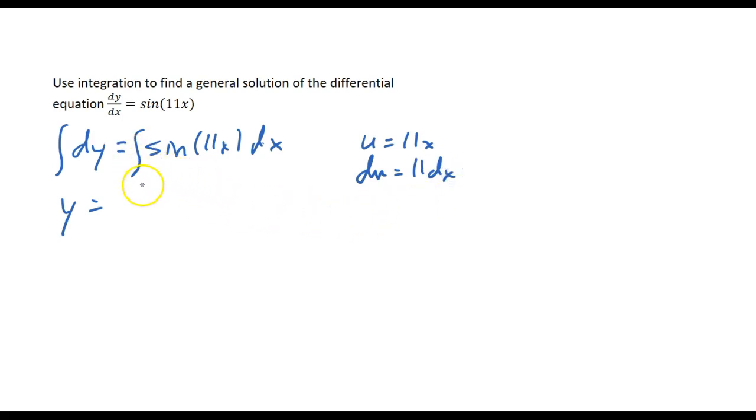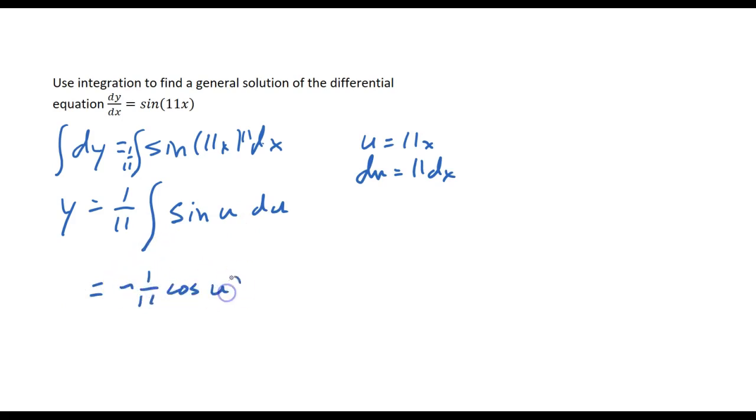So I need to have an 11 inside, so a 1/11 outside. And now I get the integral of sine u du. And the antiderivative of sine is negative cosine. And my final answer, y equals negative 1/11 cosine of 11x plus c.